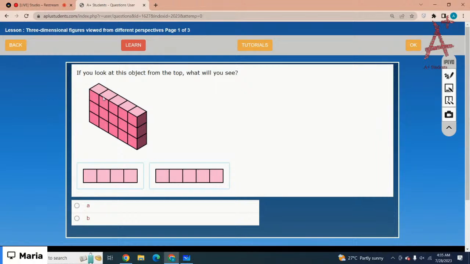That means you can see the one that has the 5 squares. So the correct option is option number B.